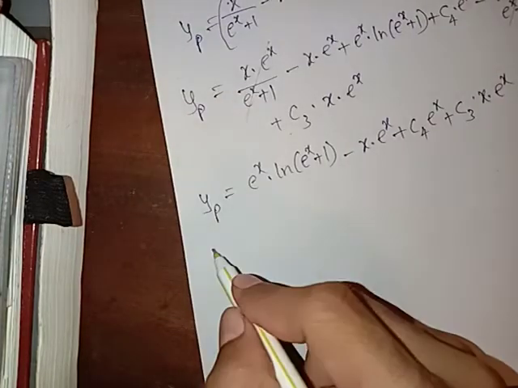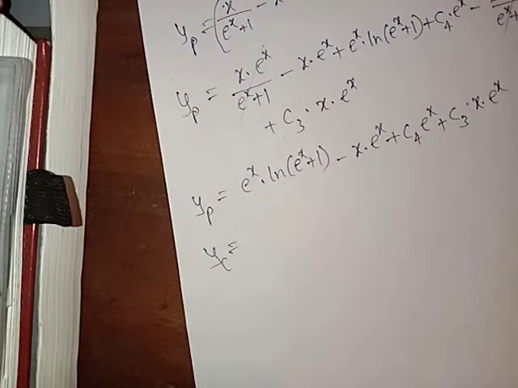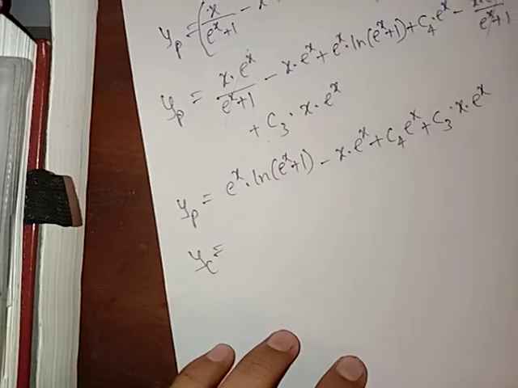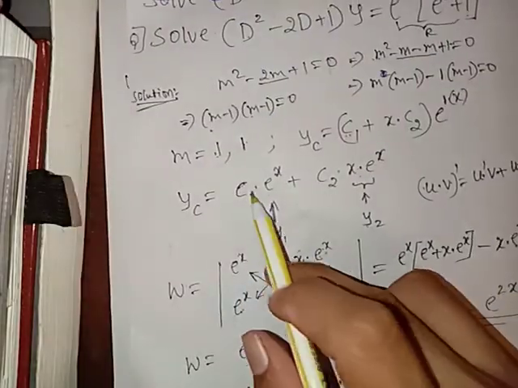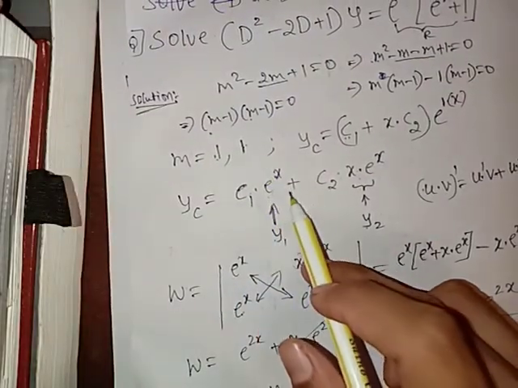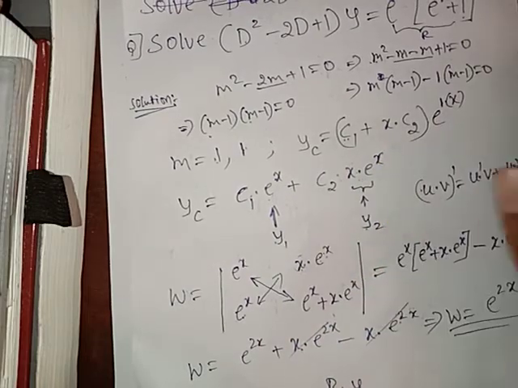So what is yc we got previously? We get yc is equal to c1 into exponential of x plus c2 into x into exponential of x.